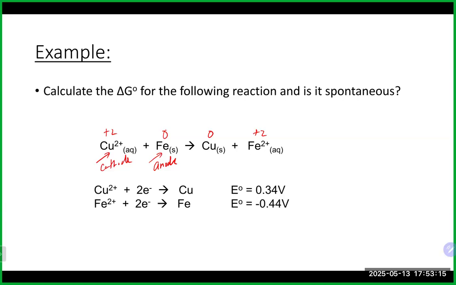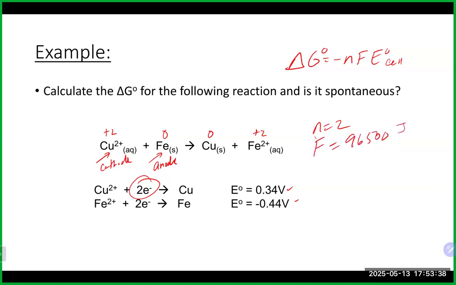Again, they gave us the equations. We're going for delta G, so it's going to be minus nFE for the cell. Our n in this case is going to be 2. Our F is our constant, 96,500 joules per volt per mole. And our E of the cell is going to be cathode minus anode.